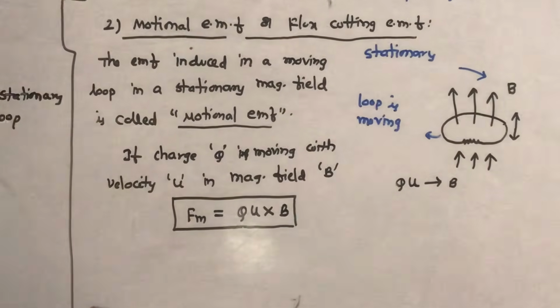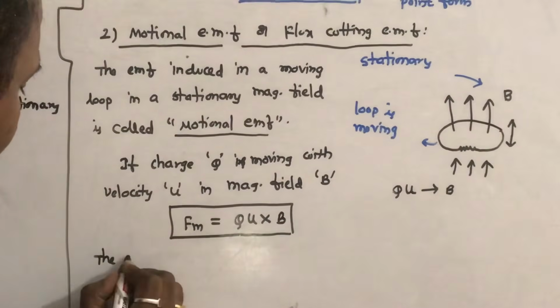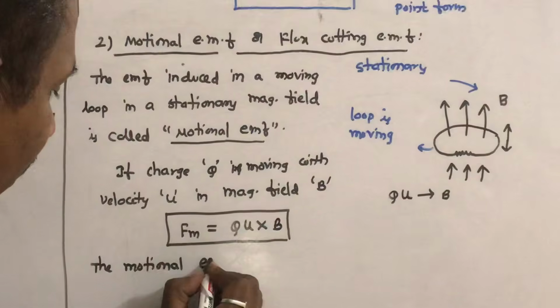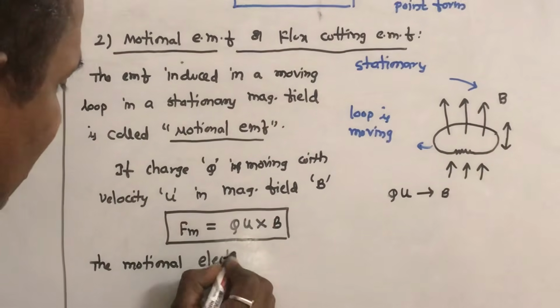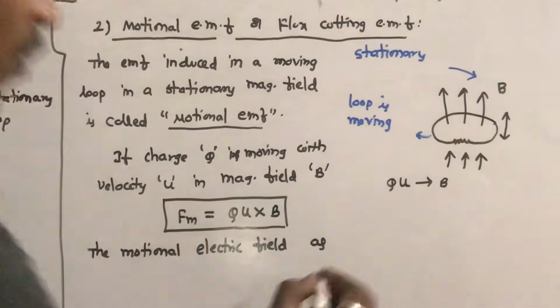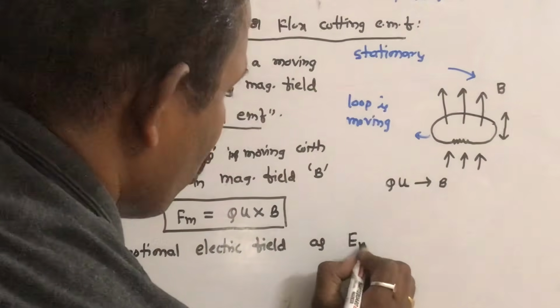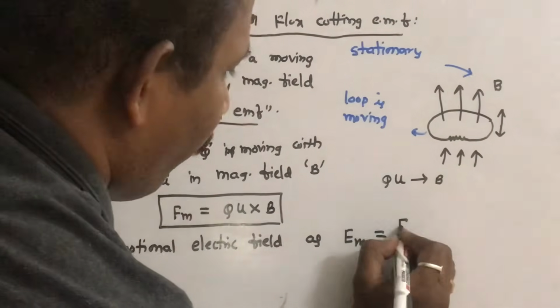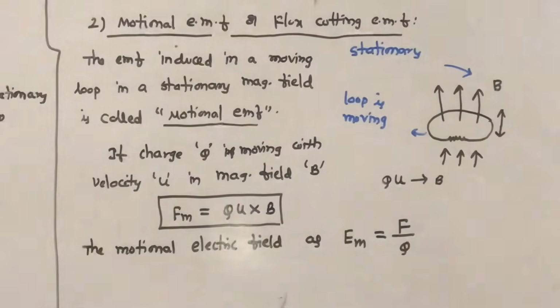Now let us define the motional electric field as E suffix m. M indicates motional electric field. What is this definition? Force per unit charge is electric field.